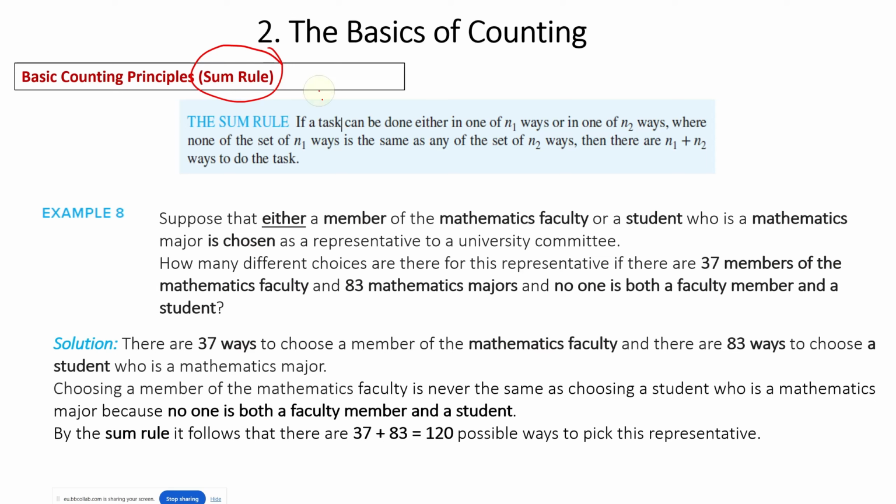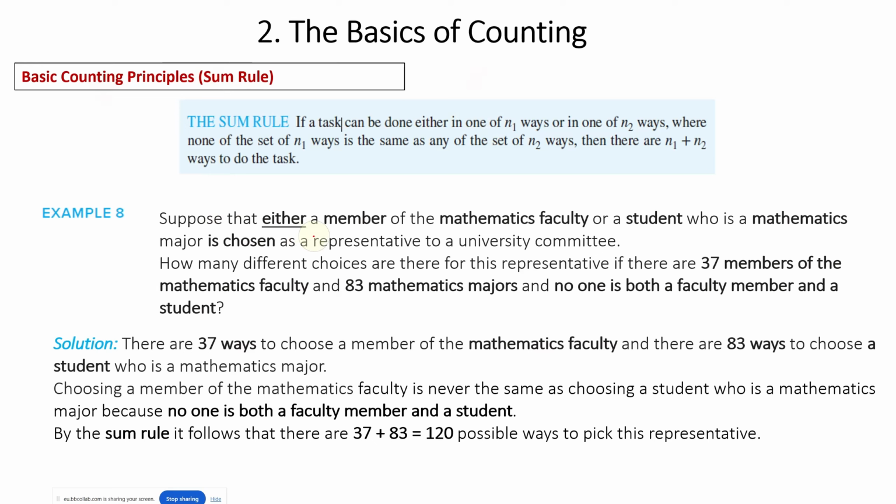The difference between the product and the sum is that if a task can be done either in one way or, that's the keyword, in another way, then to find the total number of ways we do this task, we just add the number of ways for the first and the number of ways for the second. This is very simple, we use it all the time, but I'd like to make sure we keep it in mind. This is what the sum rule says.